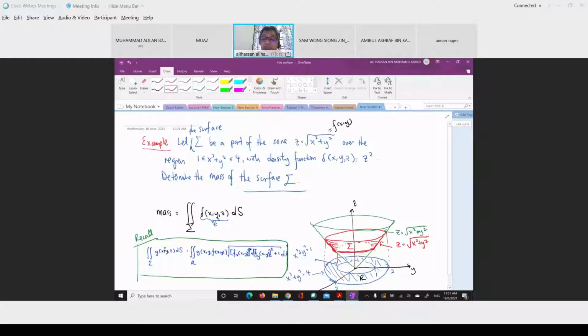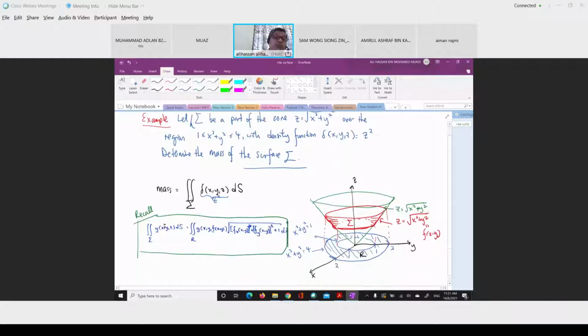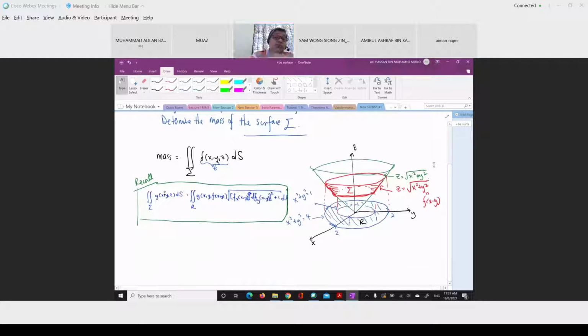So this is f(x,y), the equation of the surface. Therefore, the mass is equal to the double integral over the region R, that circular ring on the xy plane. So we have z, and we need to replace z by f(x,y).